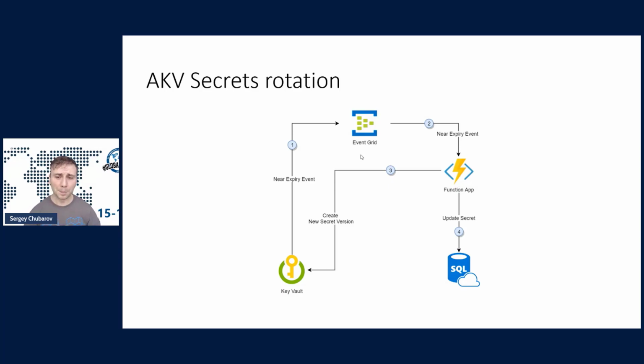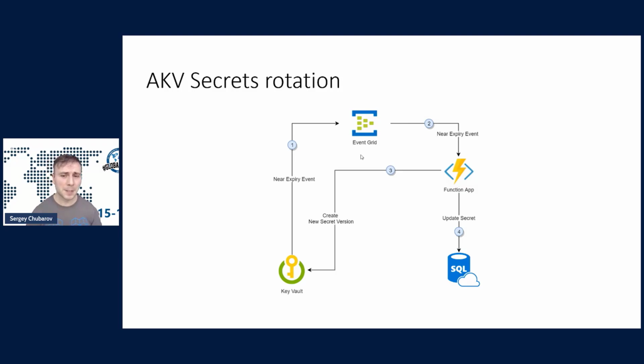When you have Key Vault, it is super recommended by Microsoft, and the screenshot is from the Microsoft website, to rotate those keys and secrets. Do not have them static, rotate.